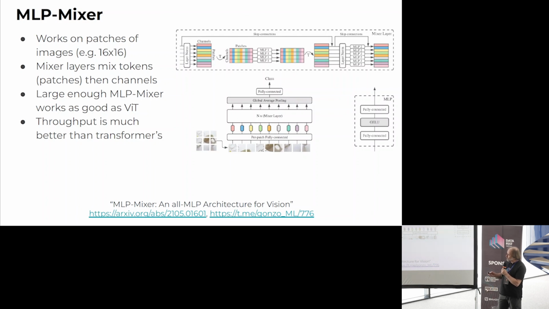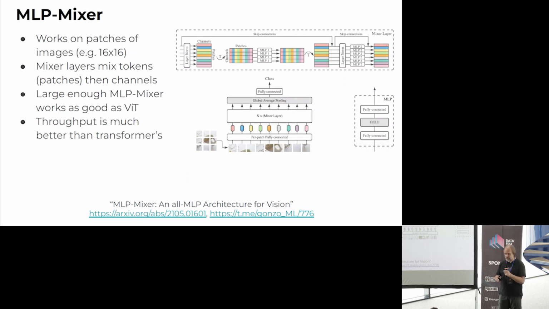It works on patches of images like the visual transformer. You split images into, say, squares of 16 by 16 pixels, and pass them as tokens to the input, and special blocks like the mixer layer mix these tokens first channel-wise, then patch-wise.